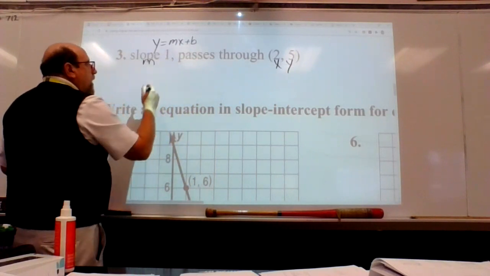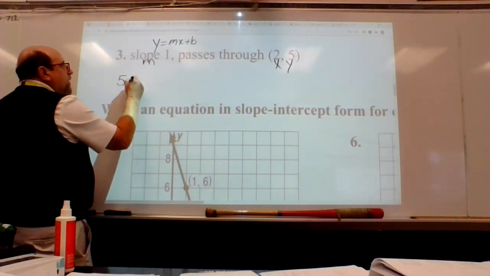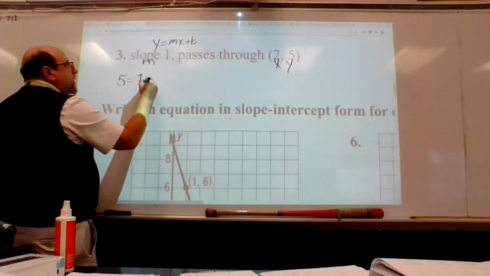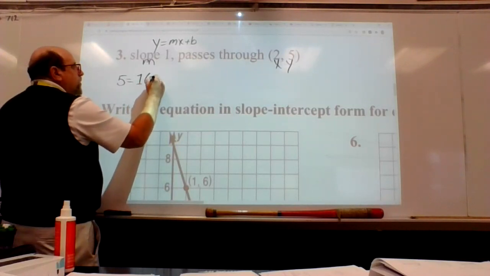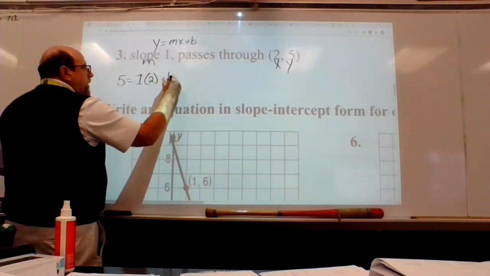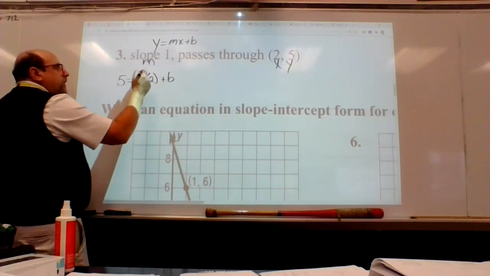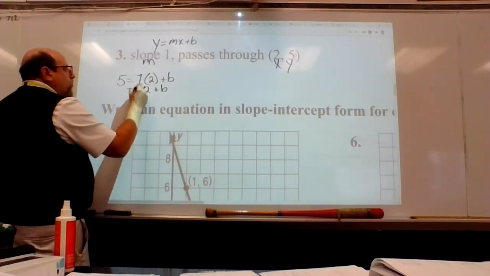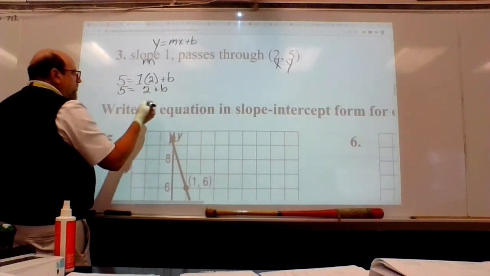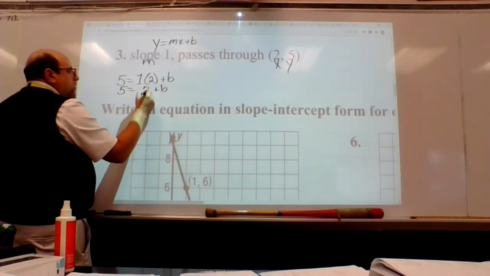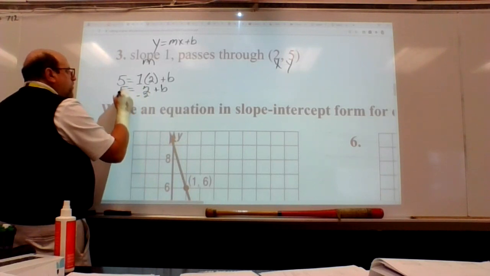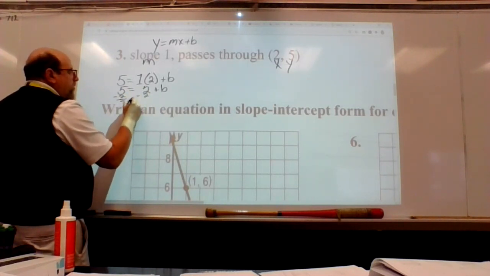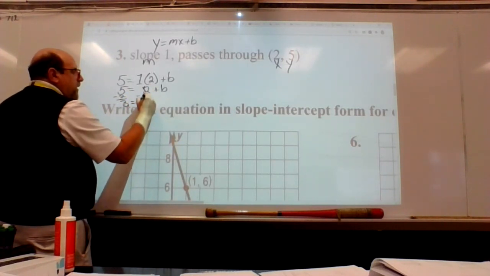And so y is 5, m is 1, x is 2, plus b. And we're going to solve for b. 1 times 2 is 2, plus b equals 5. We know that 3 plus 2 is 5. But to do that, we subtract 2 from both sides, and we end up with 3 equals b.